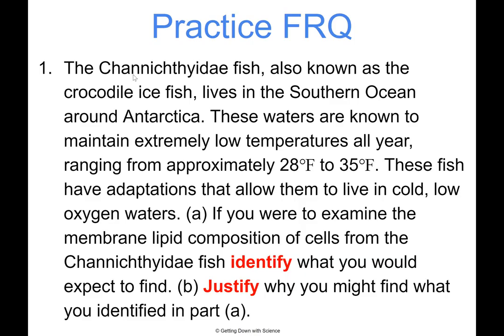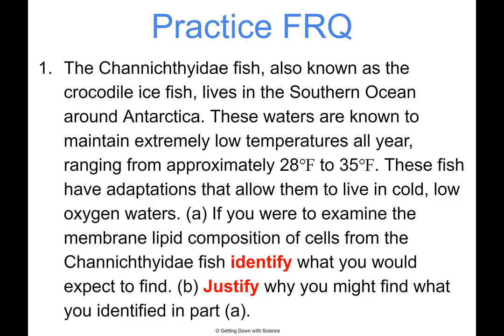Okay, so the Channichthyidae fish, also known as the crocodile icefish, lives in the Southern Ocean around Antarctica. We know that these waters are really low temperatures all year. They range from about 28 degrees Fahrenheit to 35 degrees Fahrenheit. So these are really cold. These fish have adapted to allow them to live in those cold, low oxygen waters.